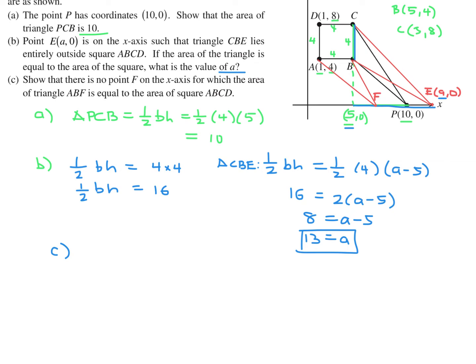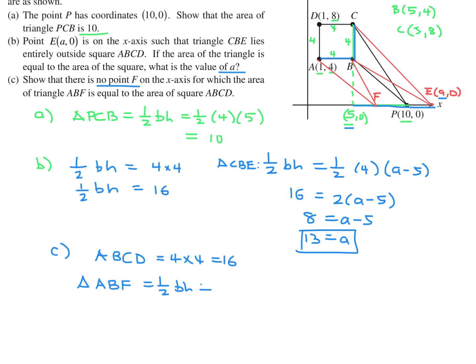Okay, so let's work this out. Show that there's no point that the area of triangle ABF is equal to the area of the square. Okay, so the area of the square, we already know. That is 4 times 4. So ABCD is 4 times 4, which of course is 16. And then the area of ABF, that would be 1/2 base times height. I guess we have to use this as the base.